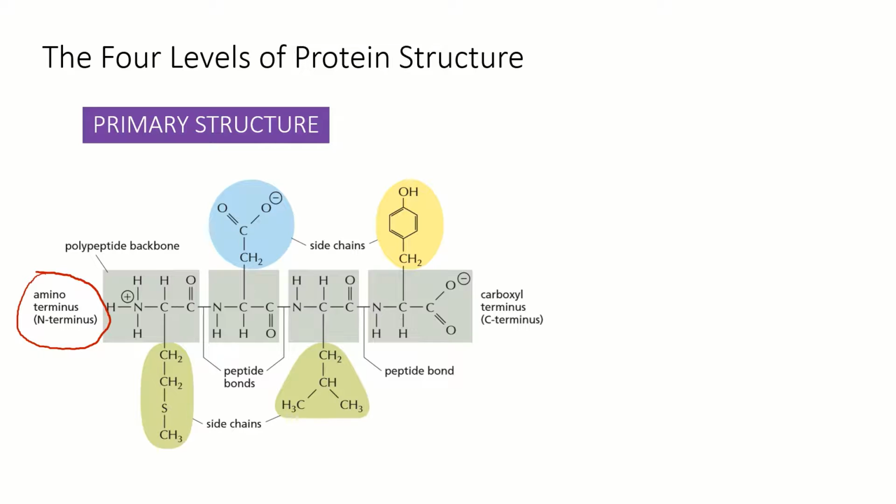And the last portion that comes out of the polypeptide after it's made is the C-terminus, or the one that ends with a carboxyl group. So new amino acids are constantly being added at the C-terminus during translation.